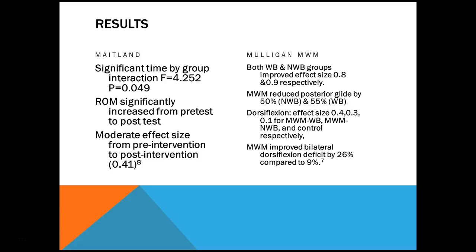Dorsiflexion improved with an effect size of 0.4 and 0.3, and the control had 0.1, so there wasn't much improvement with the control group. And then mobilization with movement improved bilaterally by 26, and decreased the deficit by 26% compared to 9% in the control group. And that 26% is both weight bearing and non-weight bearing.